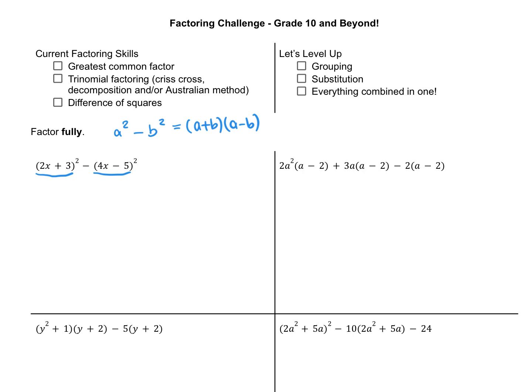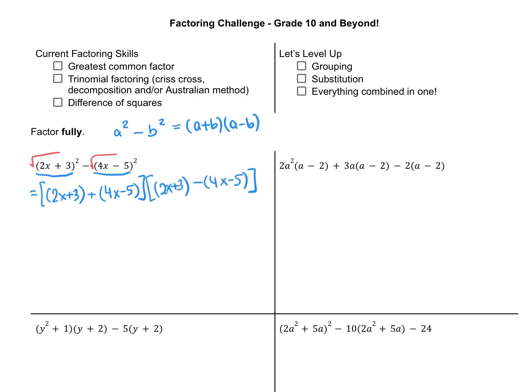So if I were to square root each of these brackets, the square root would cancel out the exponent of 2. So I'm going to open up a big giant bracket here, I would have 2x plus 3 plus 4x minus 5, and then in another bracket, 2x plus 3 minus 4x minus 5.